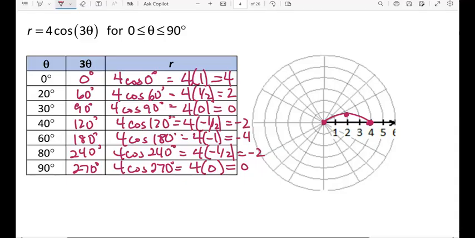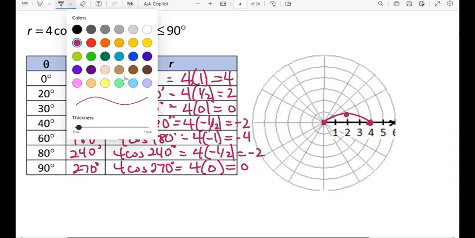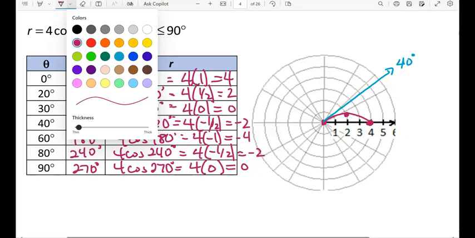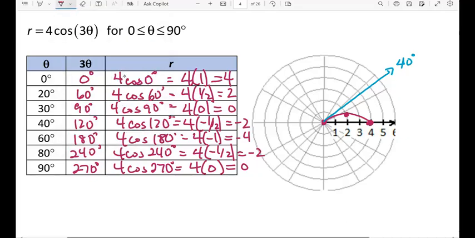Now, when theta is 40 degrees, so that's not quite to the 45-degree mark. If we're thinking about where that is, 40 degrees should be about there. The radius this time is negative 2. So that means that our point will be located about there.